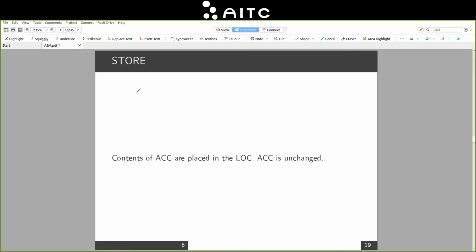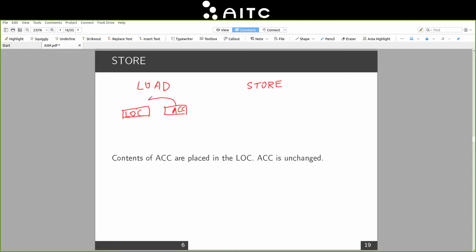Load, store. Load and store. You must read it several times to understand this.